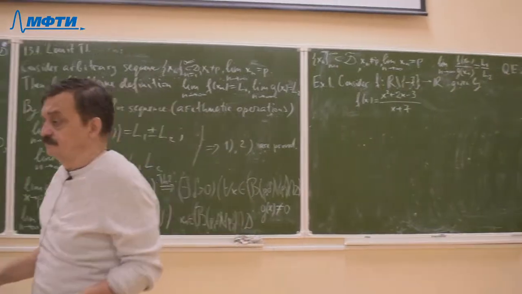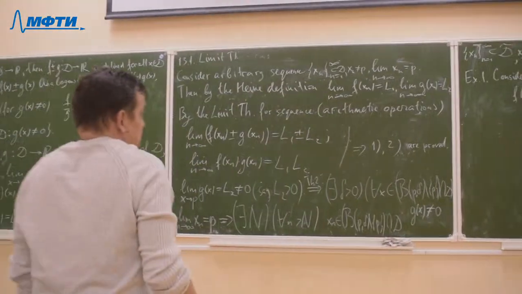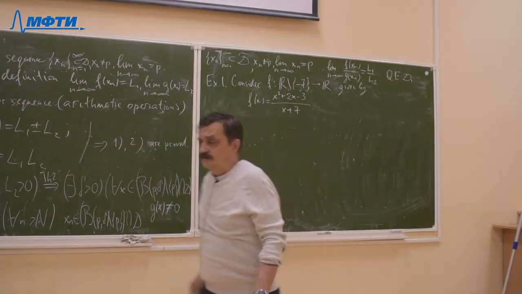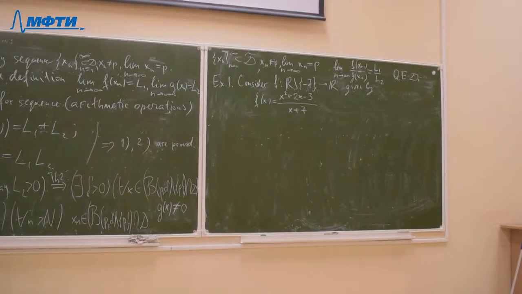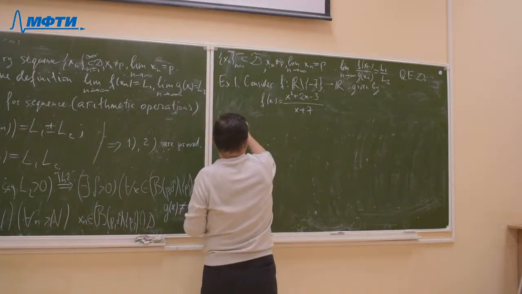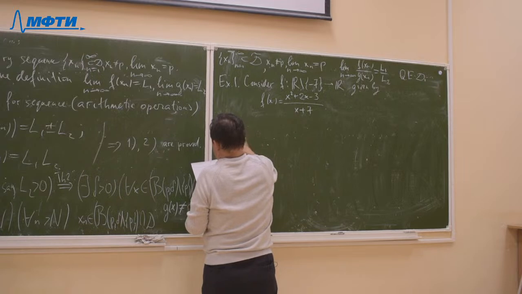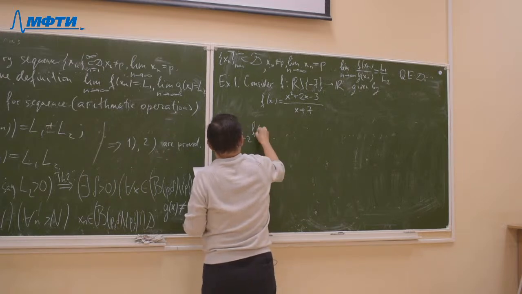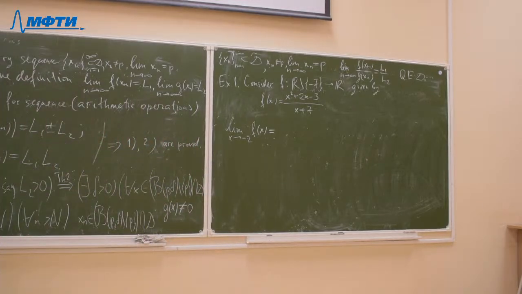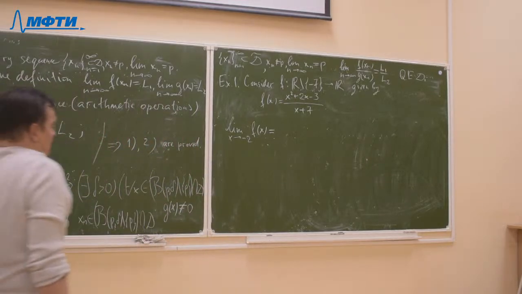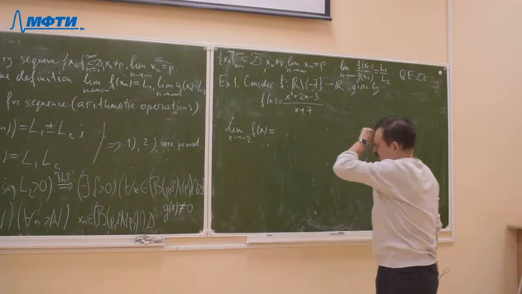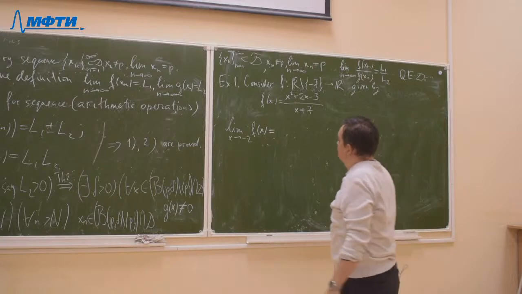And I forgot to write which limit we are interested in. The limit as x tends to minus 2 of f of x. So, minus 2 is a limit point of that set.